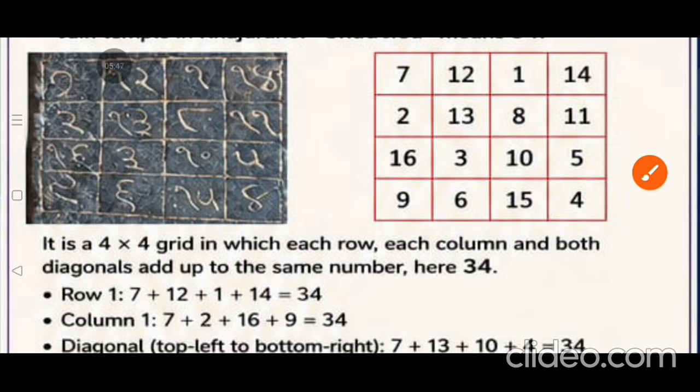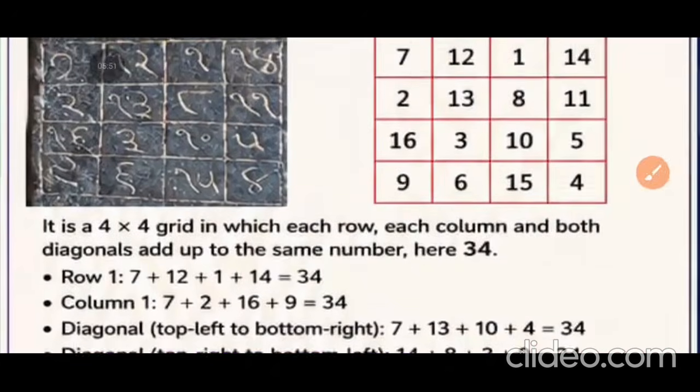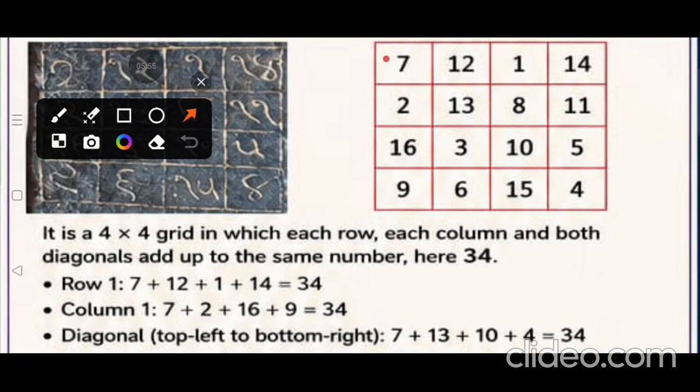If we look at the diagonal numbers, top left to bottom right, it is 7 plus 13 plus 10 plus 4. So it is 34. And if we look at the diagonal 14 plus 8 plus 3 plus 9, this is again 34.